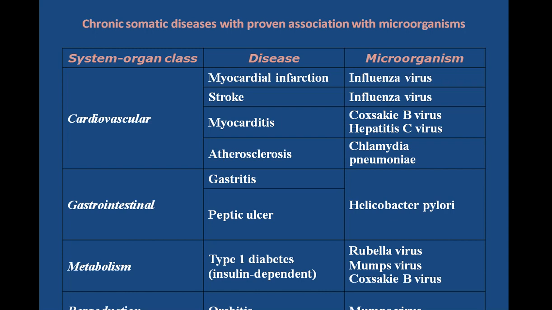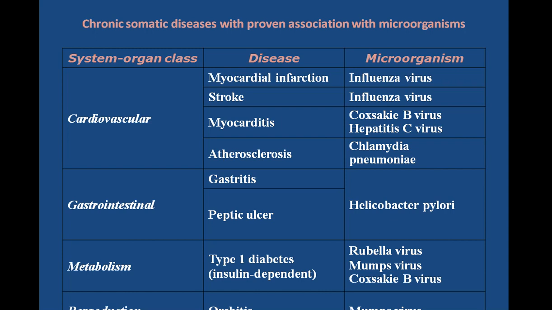So, systemic organ class, cardiovascular pathology, diseases: myocardial infarction, stroke, myocarditis, atherosclerosis, and there are a lot of microorganisms that can, I think, take part in the development of this kind of diseases.